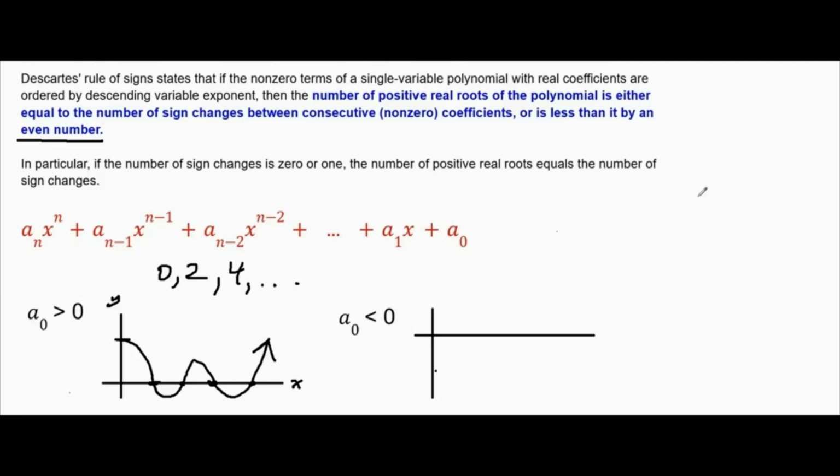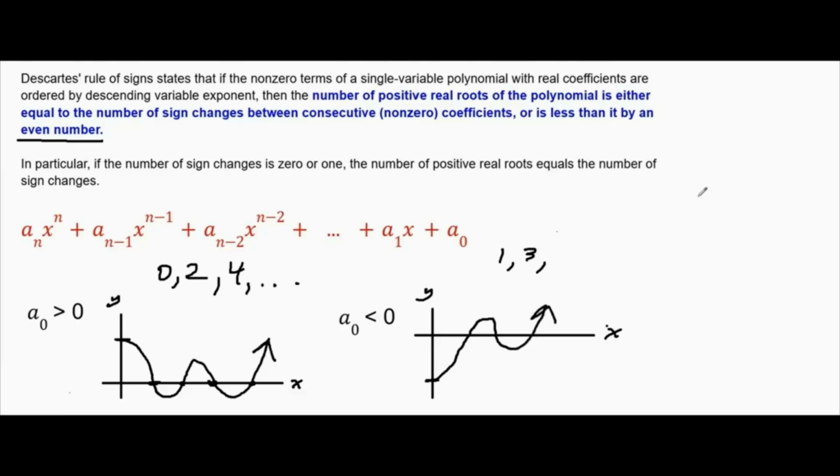If it's negative, well, then the y-intercept is down here below. And again, it has to rise. So it's either going to have 1 positive real root, or it could come up, and again, it could bounce. So that would be 3. Or it could not bounce.